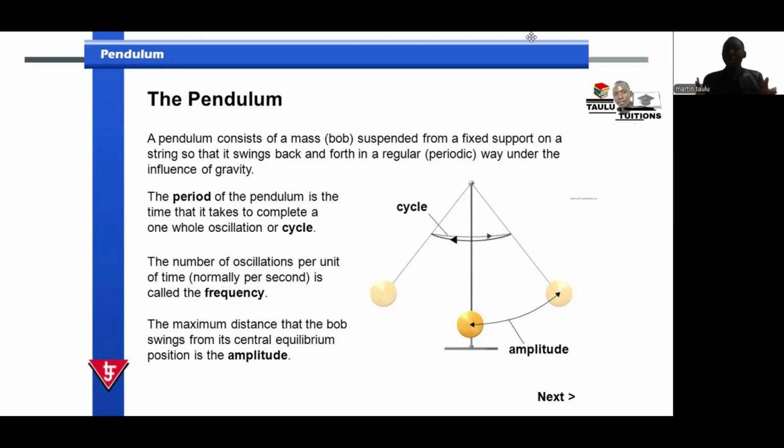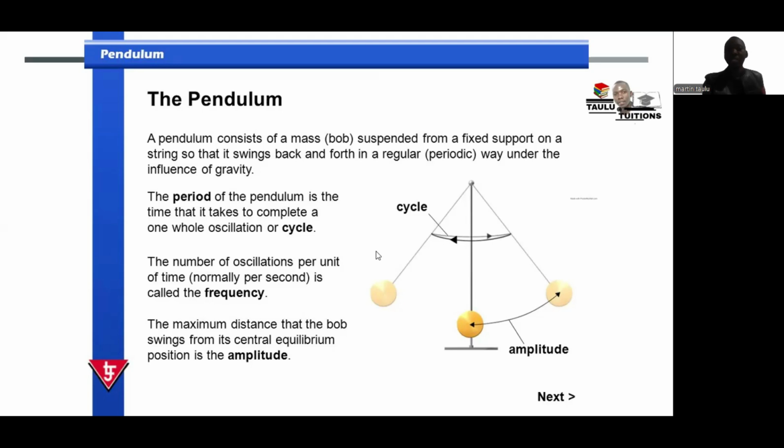So basically, a pendulum is an instrument that is used to measure time. And the period of a pendulum, like we have just read there, is the time taken for one complete swing, also known as an oscillation. The number of oscillations per unit time or per second is called the frequency, which is what we also calculated there, and it is measured in hertz. The period is measured in seconds.